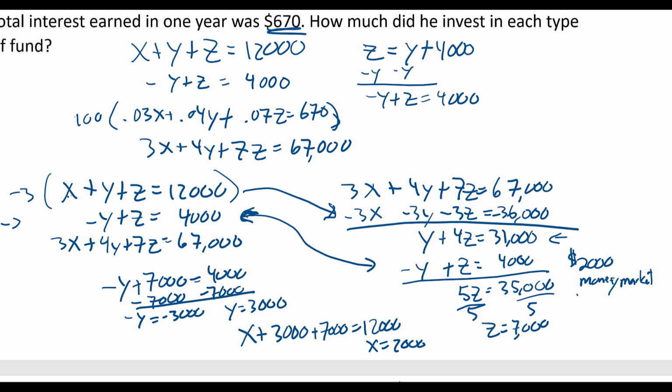I'm going to have 3,000 in municipal bonds. I'm going to call it muni bonds. And what's left? The z we said was 7,000 in mutual funds. Okay, and that's it.